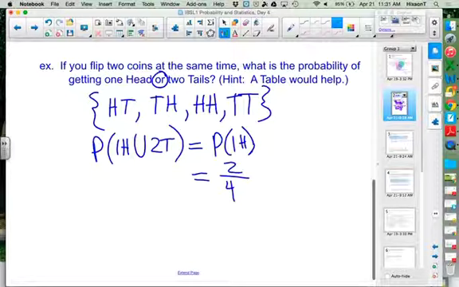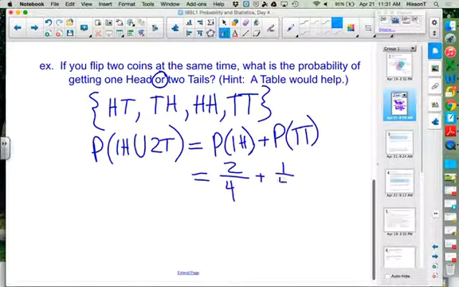What's the probability of getting 2 tails? That's 1 out of 4. So, what's our probability of getting 1 head or 2 tails? 3/4. Okay?